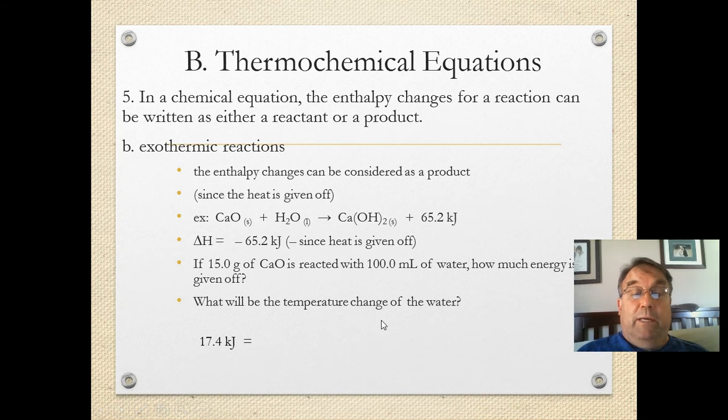We use the Q equals MC delta T. So we take the amount of energy that was given off by the calcium oxide, and it's going to be equal to the amount of energy absorbed by the water. 100 mils of water has a mass of 100 grams. Specific heat of water is 1 calorie per gram, or 4.186 joules per gram. And then the delta T is what we solve for.